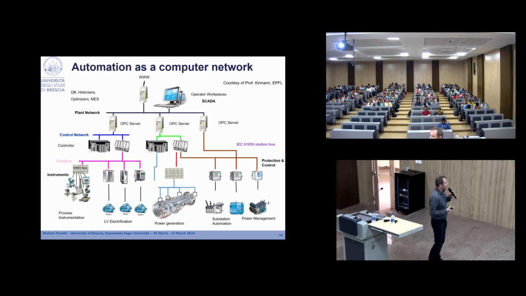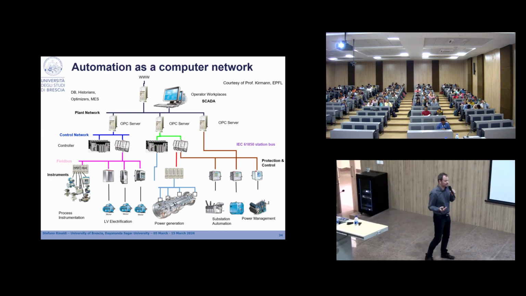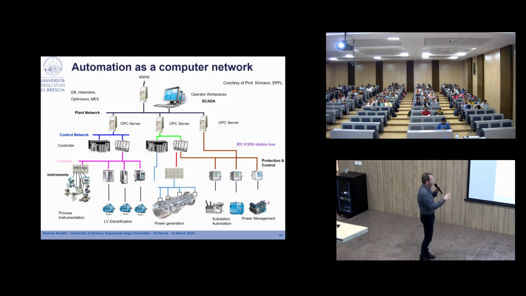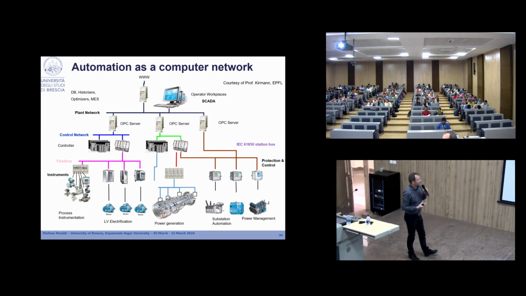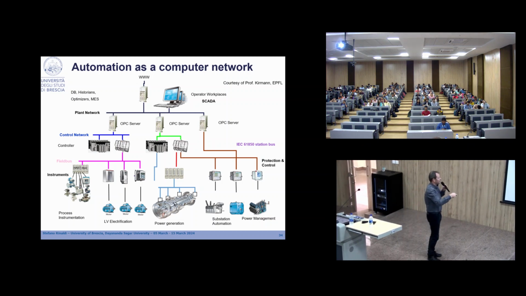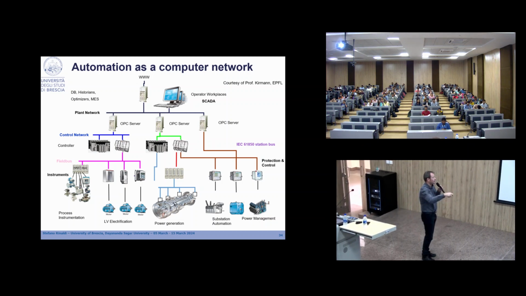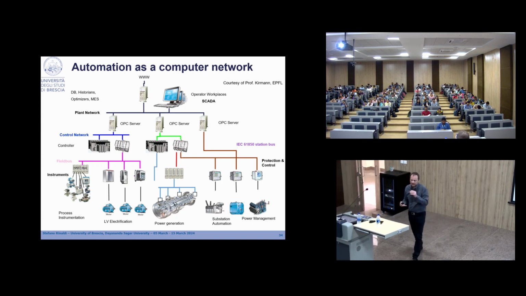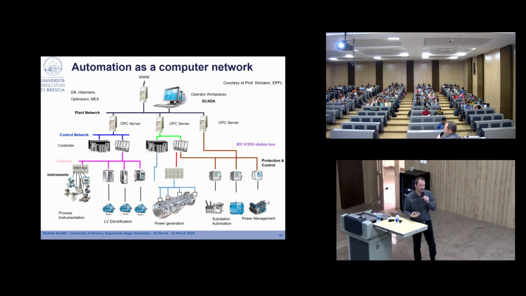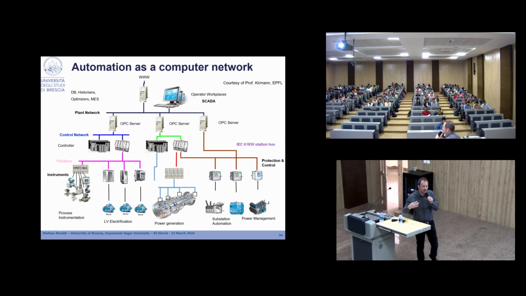So if I have an industrial plant like this one, summarized in this picture, where factory automation and process automation have to coexist in the same plant, the communication networks are different because devices are different and communication systems are different.